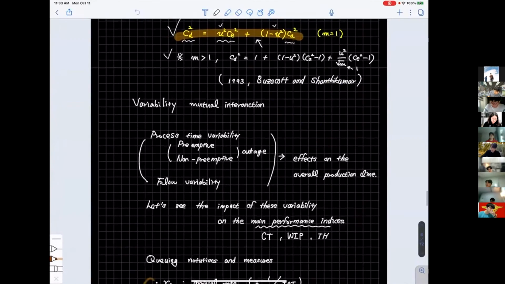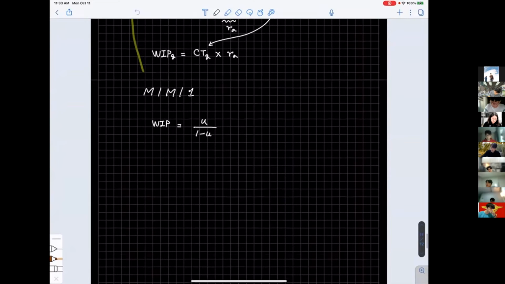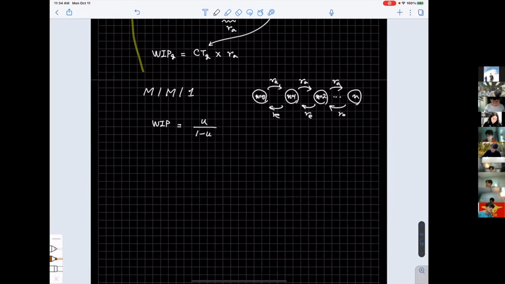Anyway, we have induced the relation like this. This is the state of n is 0, 1, 2. The increasing direction is caused by the arrival rate, and the decreasing direction is like this.